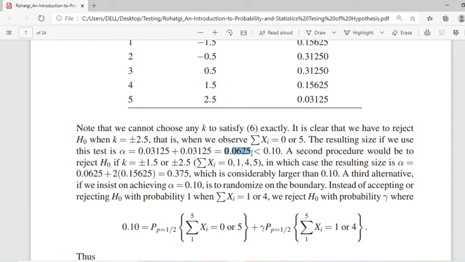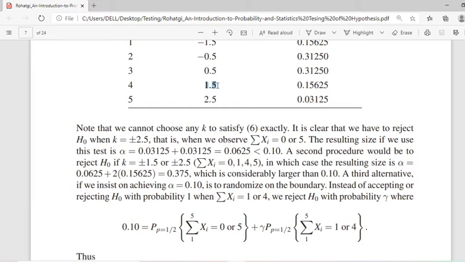Corresponding to sum equal to 1 or 4, the possible k values are minus 1.5 and plus 1.5.